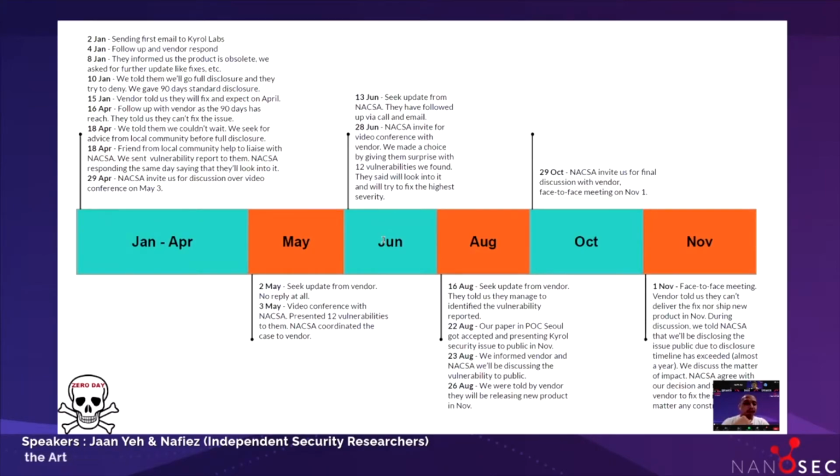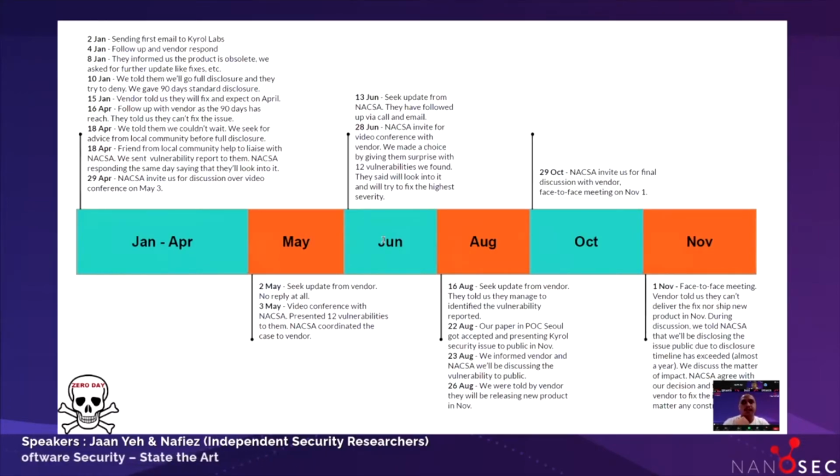And in May itself, we had a meeting with NACSA, the NC4, the government agency, and we presented the vulnerabilities to them. Initially, we provided them one vulnerability to see how the vendors and the agencies respond. They responded very well, especially NACSA. After the first video conference, the case was coordinated by NACSA, and they're the ones who brought this issue to the vendor itself.